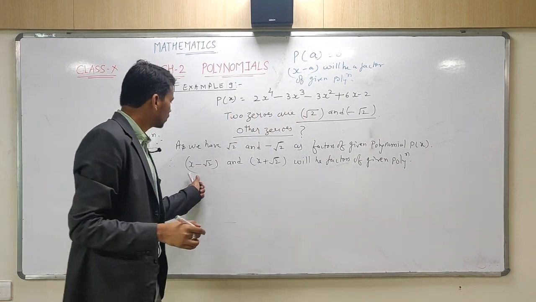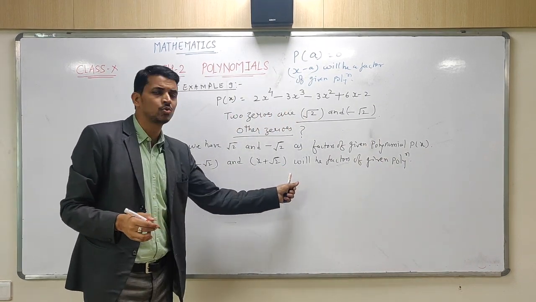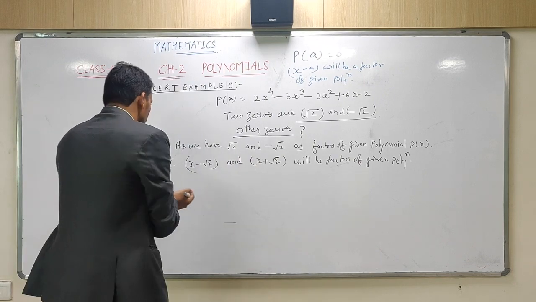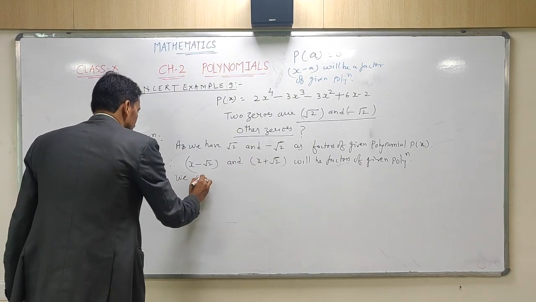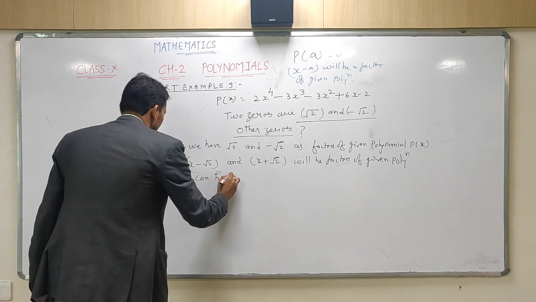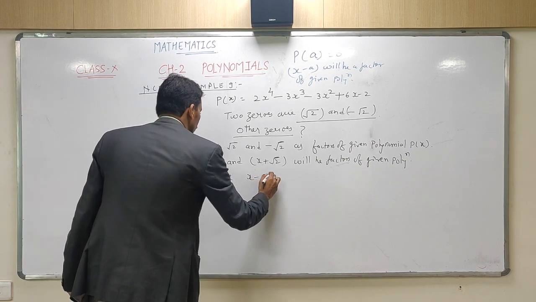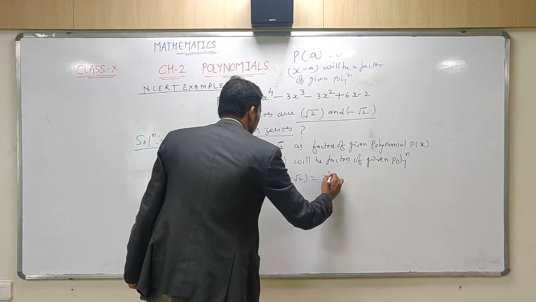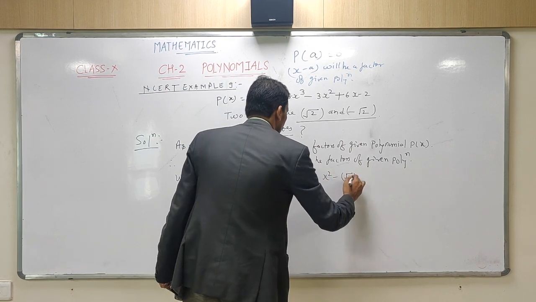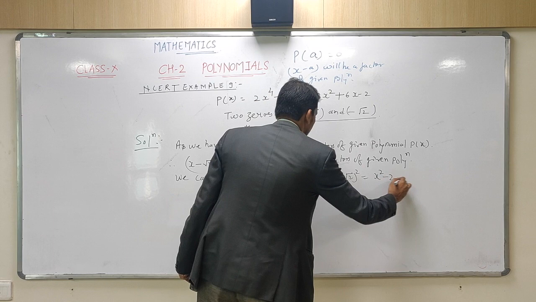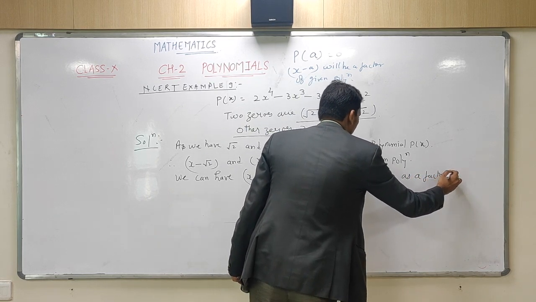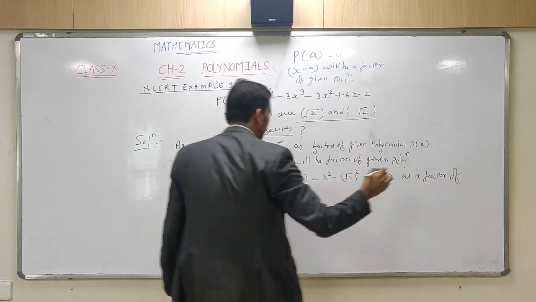Of course, if x minus root 2 and x plus root 2 are two different factors, we can have x minus root 2 into x plus root 2, which is equal to x square minus root 2 square, which is equal to x square minus 2, as a factor of the given polynomial.